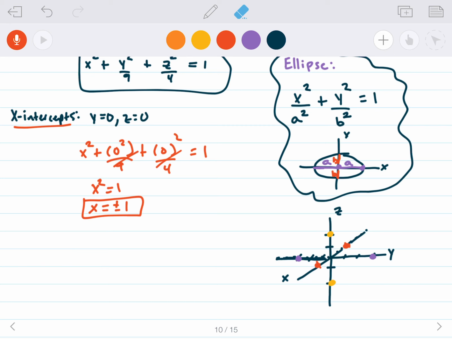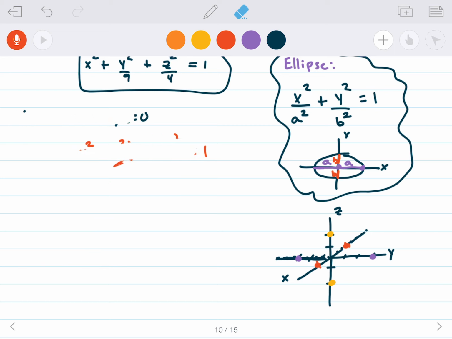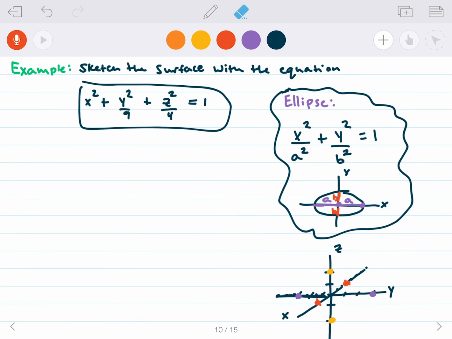Erase some of that. Okay. So let's see what happens when we're looking at the YZ plane. Okay. So the YZ plane. And this occurs, not x, this occurs when x is 0.